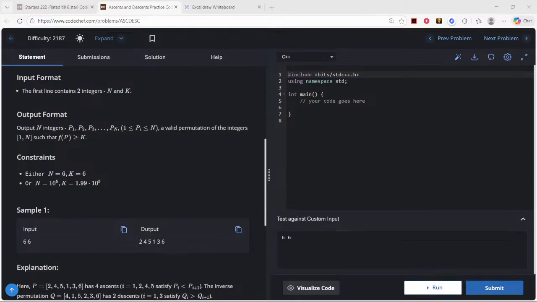And P of j is equal to i and Q_i is equal to j, right? So after these two equations, if P of k is equal to i, since k is equal to j, we can say P of k is equal to i, right? So k is the index of i in P, right?